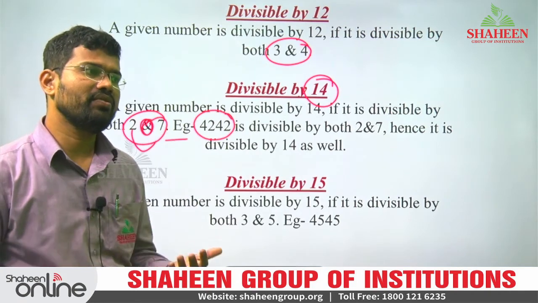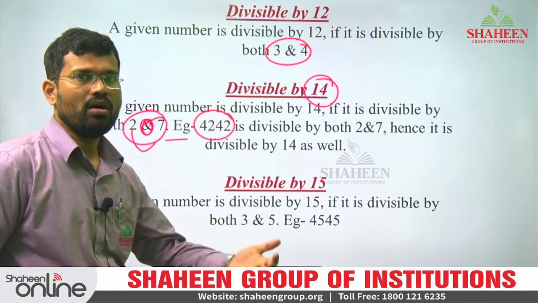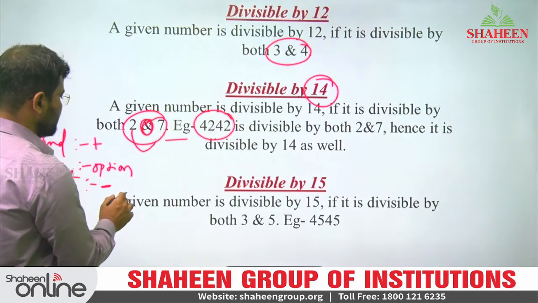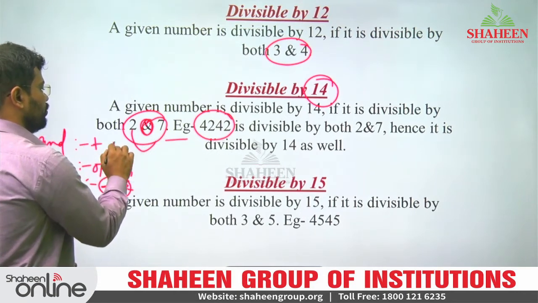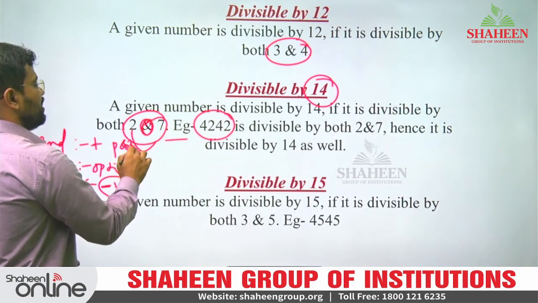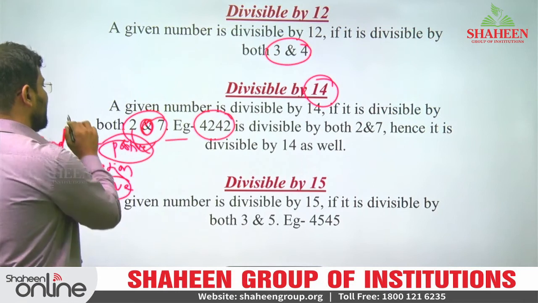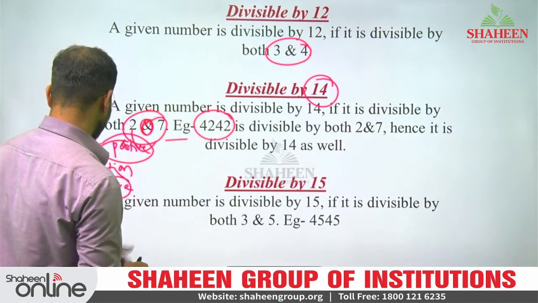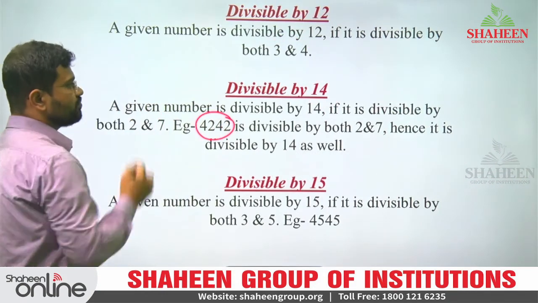If I disagree with someone after listening, I say, 'but however, I disagree with that.' So 'but' always comes in the negative and 'and' always in the positive, meaning both. Both 2 and 7 should divide the given number.